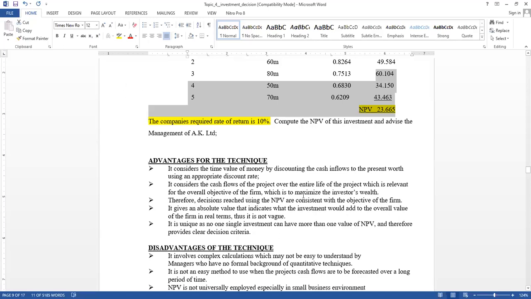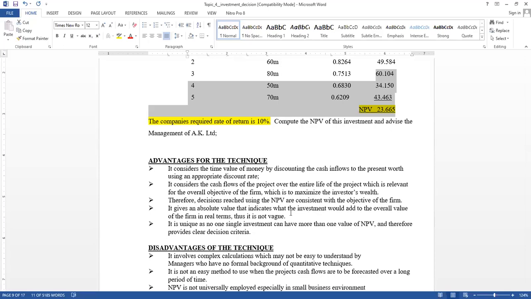Then it considers all the cash flows of the project over the entire life of the project. And this is normally the overall objective of any firm, because the objective is to maximize the wealth of the investors.